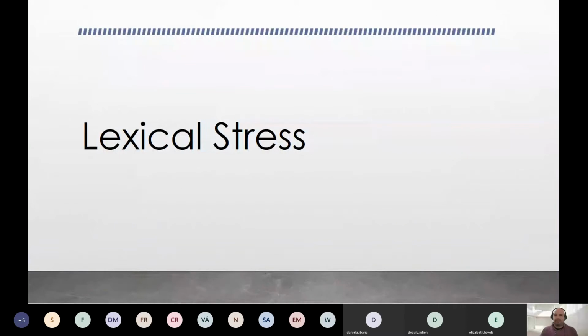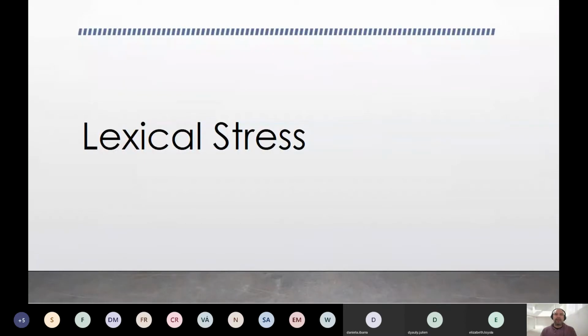What does it matter? Some authors believe that where we place the stress is the factor that's going to have more incidence in promoting or not promoting communication.